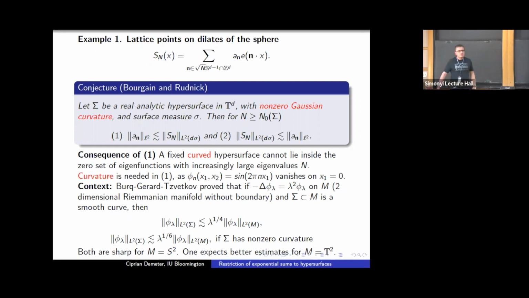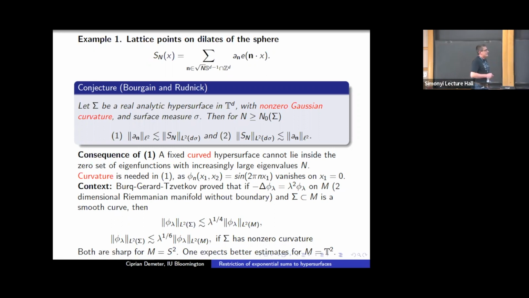Why would people be interested in such questions? Well, for many reasons. I'll give you a more obvious reason. Here's an immediate consequence of such a conjecture. This consequence is known, by the way. The conjecture is open in most dimensions. So the consequence is known, but it's good to illustrate the relevance.